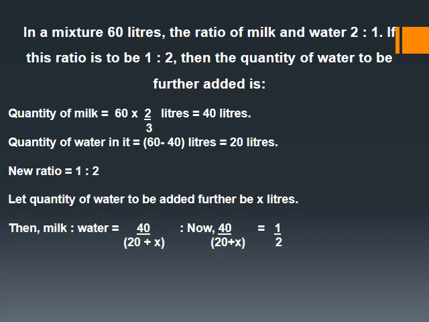So 40 is to 20 plus x. That is what we have to make. So 40 divided by 20 plus x, what will that be? 1/2. We can say that is equal to 1/2, because that is the ratio.